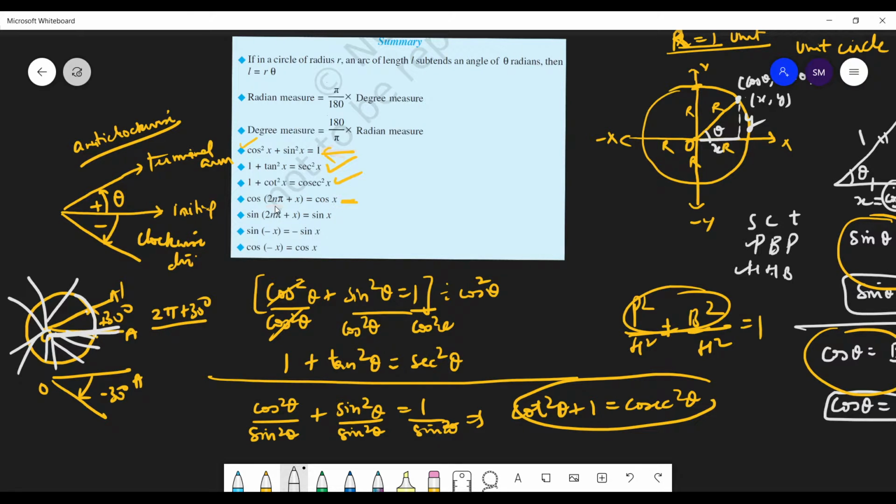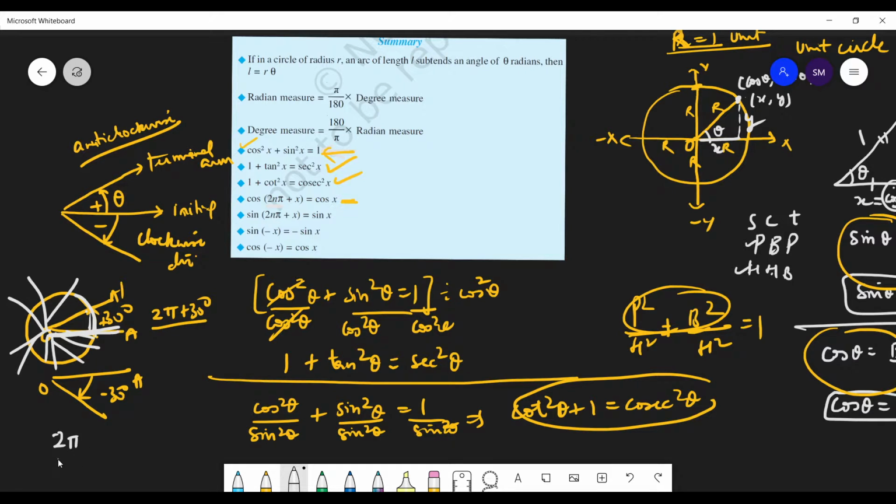So what is the period? 2n pi. So it can be 1 pi, 2 pi, 4 pi, 6 pi. After 2 pi, the value starts repeating. It's the same journey starting again after 2 pi. Is this clear?